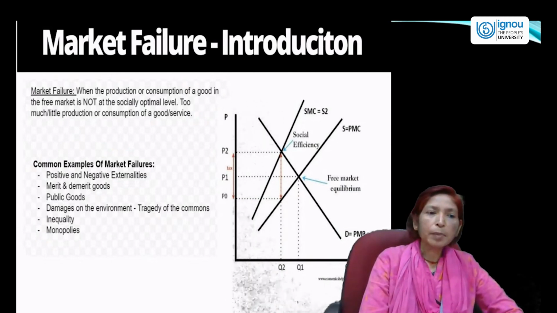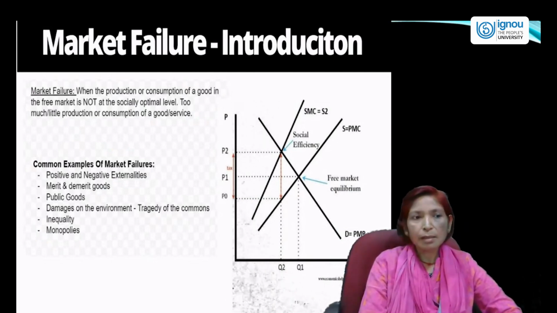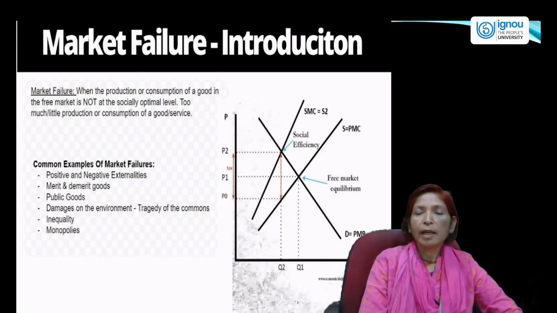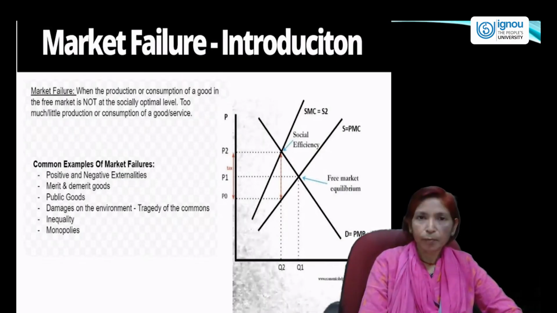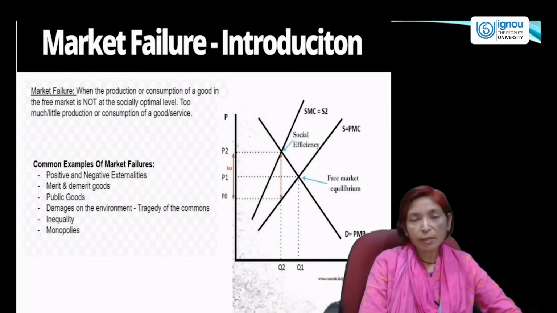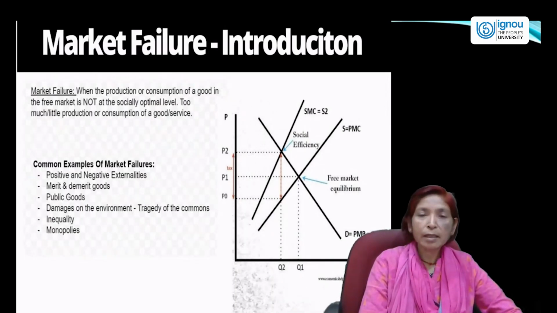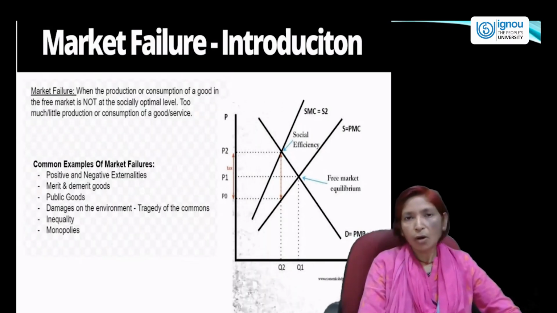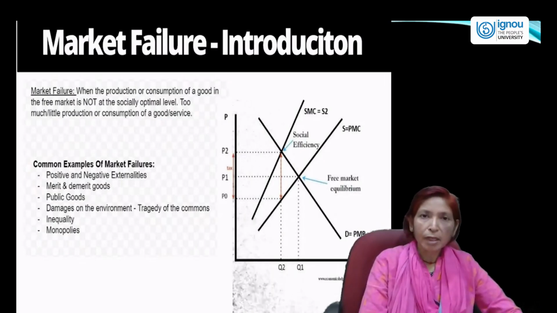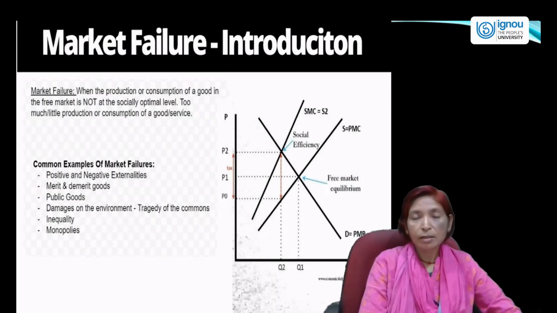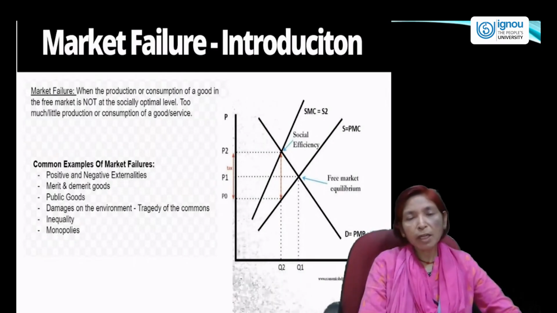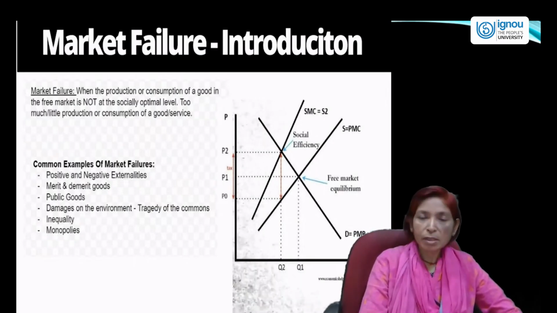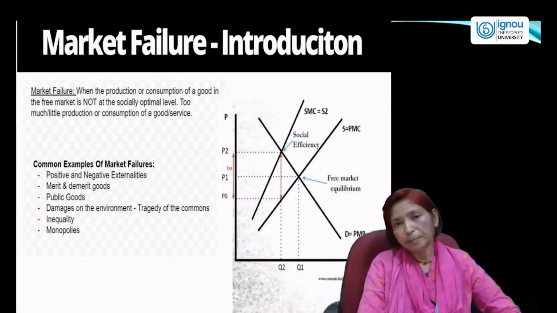The common examples of market failures are positive and negative externality. We have discussed what externality is. Externality is the effect of one person's action on others or on society. It may be positive or may be negative.